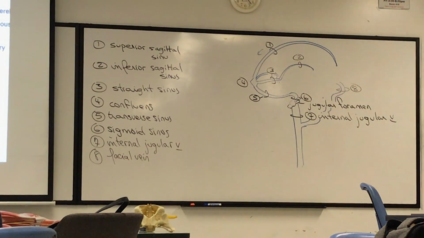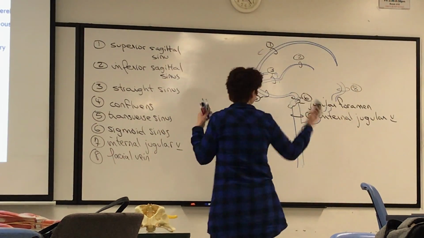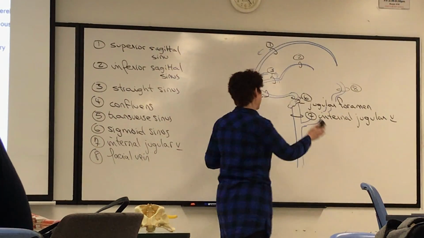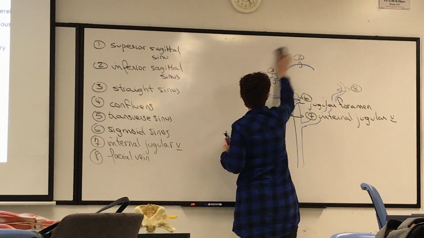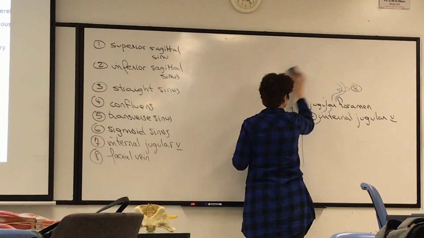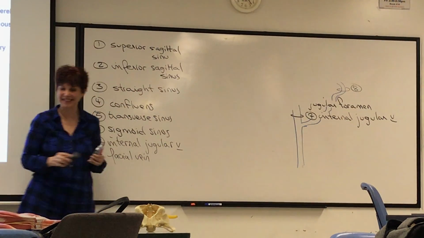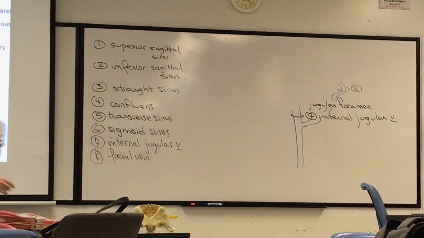Since you can erase as easily as I can, if you want to redraw this region right there, because I'm going to add the superficial temporal and occipital maxillary components to it.